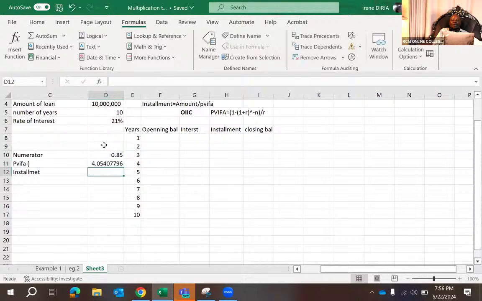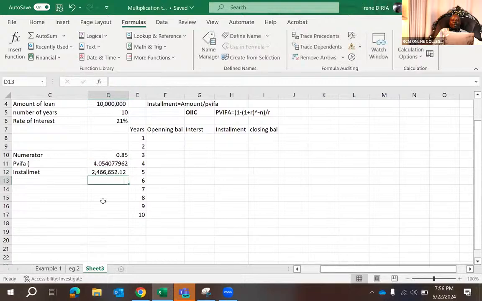Yeah, that is very good. Then you go to the installment, find another space there, that one there. So equals the loan amount, which is 10 million up there, you pick it, divided by that PV-FA. Great. Yeah, that is the figure we are talking about.